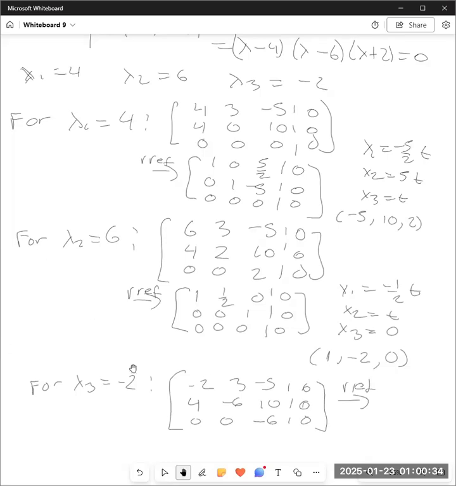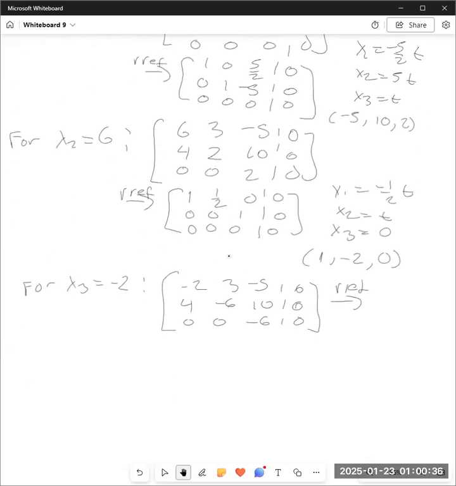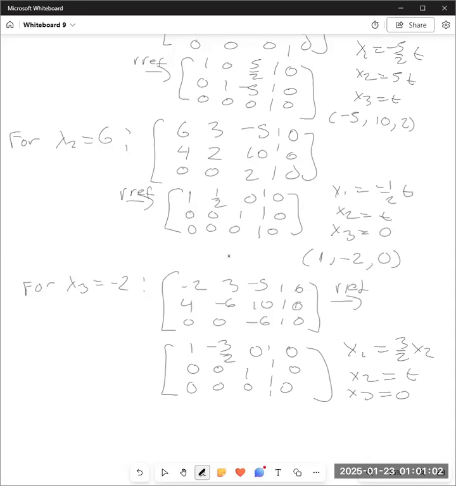RREF this, and we're going to get 1, negative 3 halves, 0, 0, 0, 0, 1, 0, 0, 0, 0, 0, which means that x1 is 3 halves x2, x3 is 0, x2 is t. We're going to let t be 2 this time. So we have 3, 2, 0 for our eigenvector.